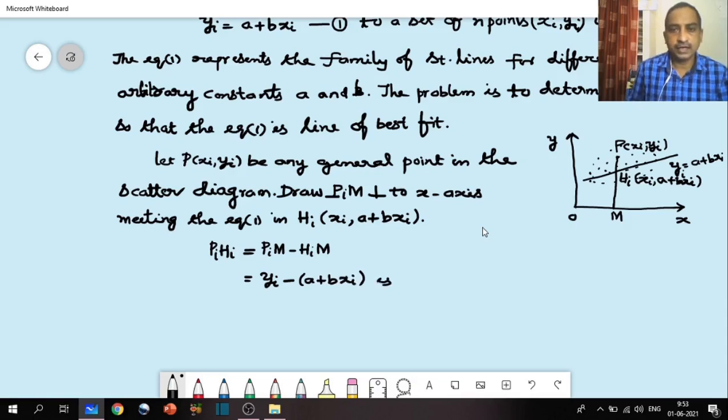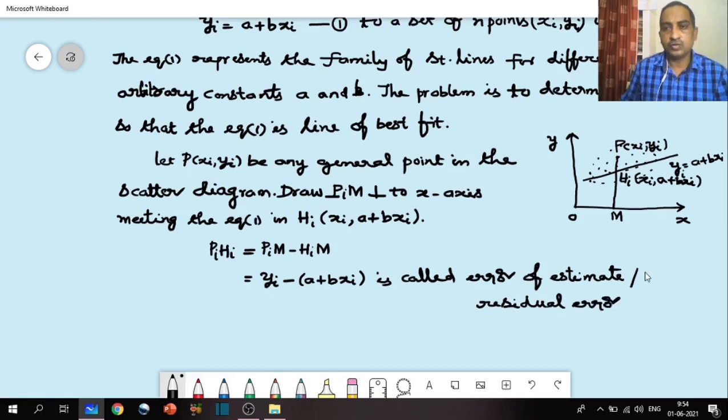So which is called error of estimate or residual error, right?